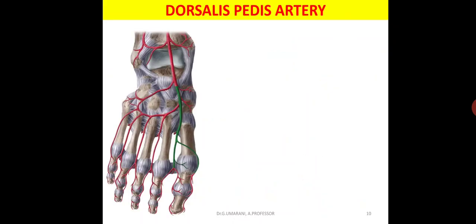So that is about the anterior tibial artery, which continues as the dorsalis pedis artery. Now we'll discuss the dorsalis pedis artery.